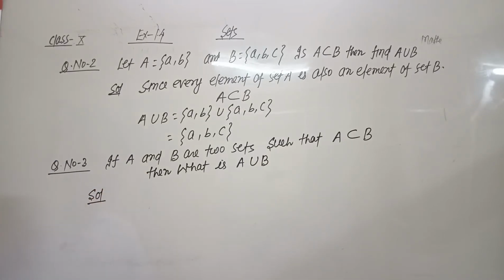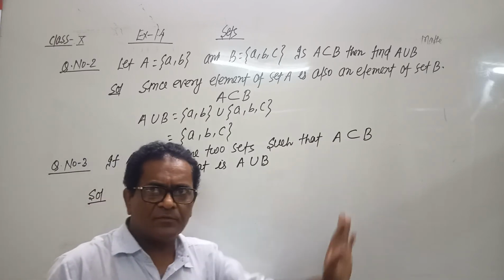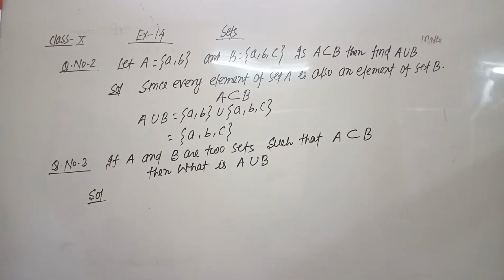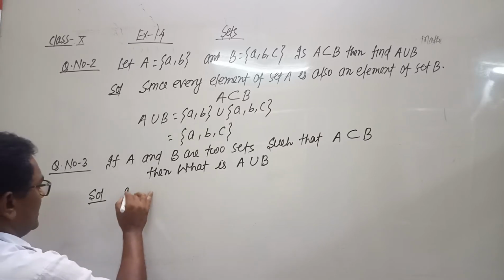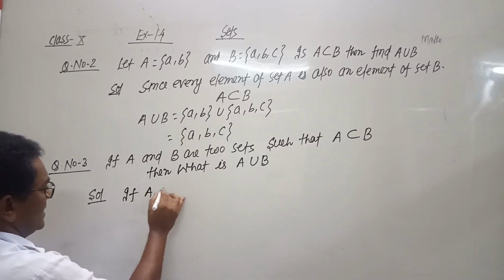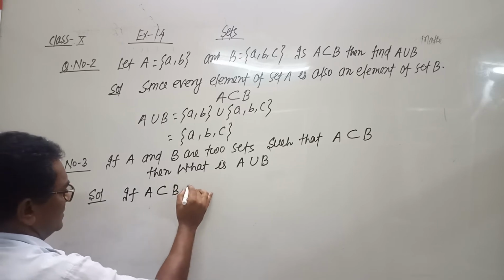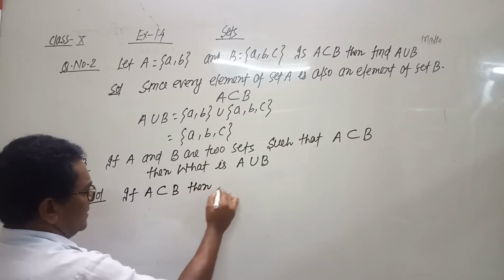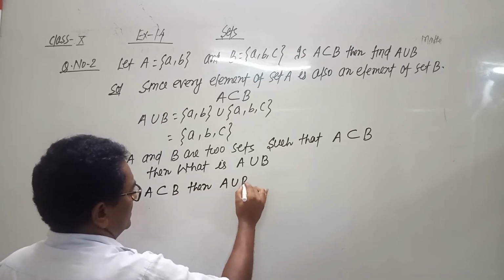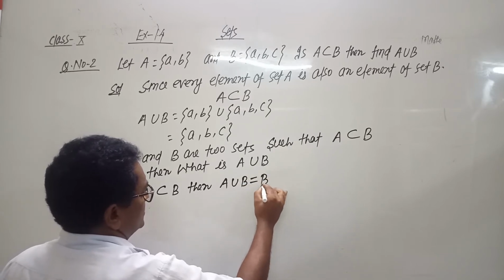So if A is a subset of B, then A union B must be equal to B.